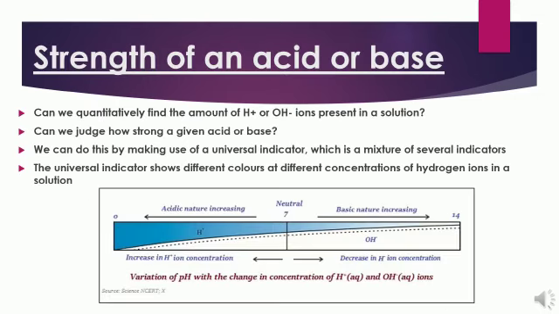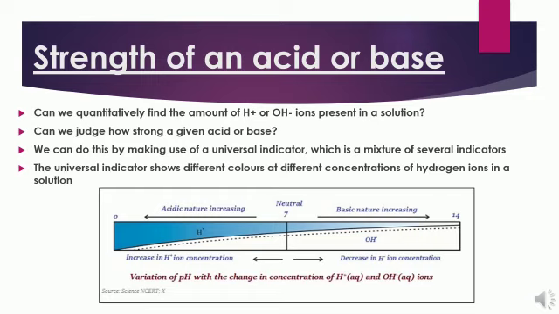So children, strength of an acid or base. Can we quantitatively find out the amount of H+ or OH- ions present in a solution? Can we judge how strong a given acid or base is? Yes, we can do this by making use of a universal indicator, which is a mixture of several indicators, like how we studied a few indicators in the previous class, like phenolphthalein, isn't it?